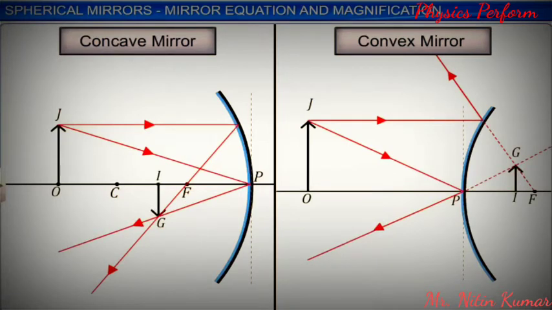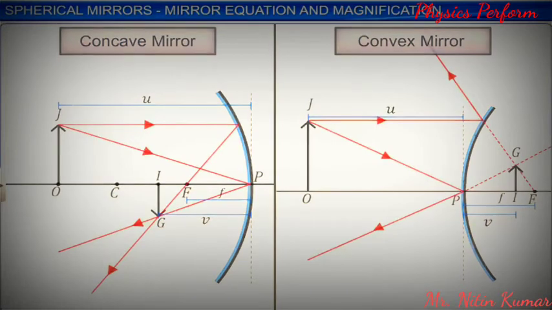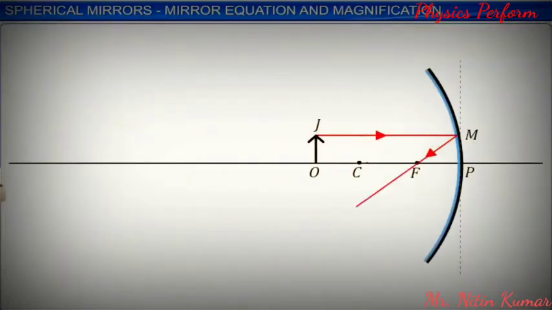The mathematical relationship between an object distance u, image distance v, and the focal length f of a mirror is called the mirror equation. Let us derive the mirror equation for a specific case where the object is placed beyond C of a concave mirror. Let OJ be the object and IG be its image.